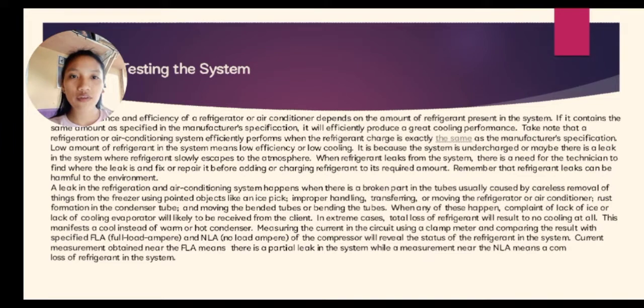A leak in a refrigeration or air conditioning system happens when there is a break in a tube, usually caused by careless removal of things from the freezer using pointed objects like ice picks, improper handling, transferring, or moving the refrigerator or air conditioner.